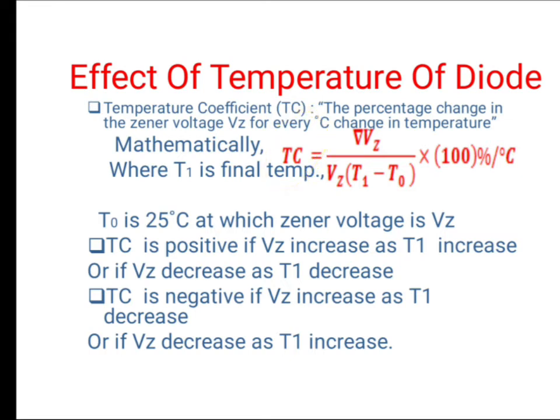If the temperature coefficient is negative, then VZ is increasing and T1 is decreasing, or VZ is decreasing and T1 is increasing. So this is the condition. We have two cases here: temperature coefficient positive, and temperature coefficient negative.